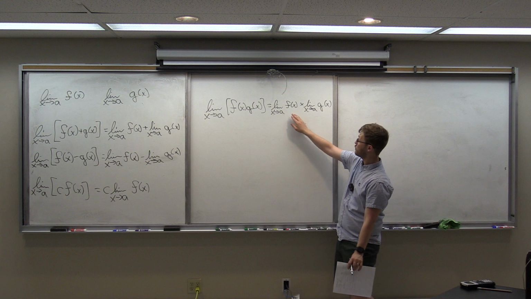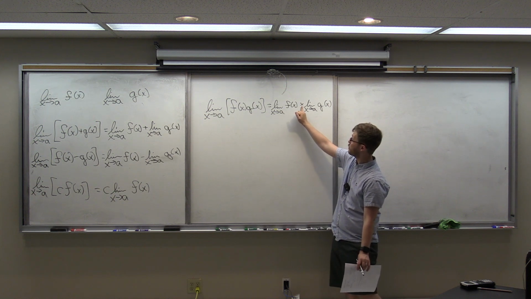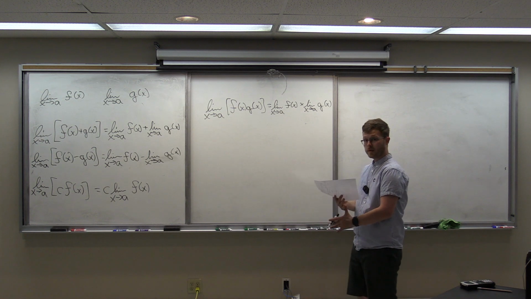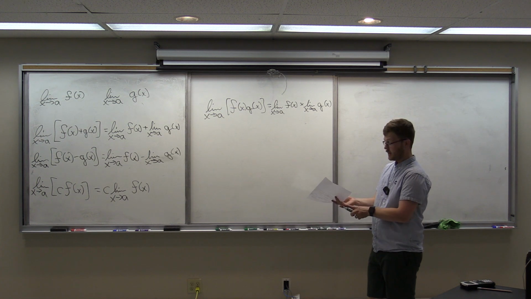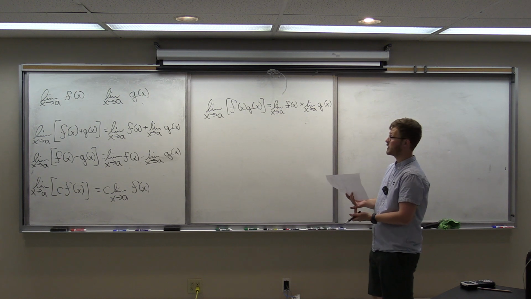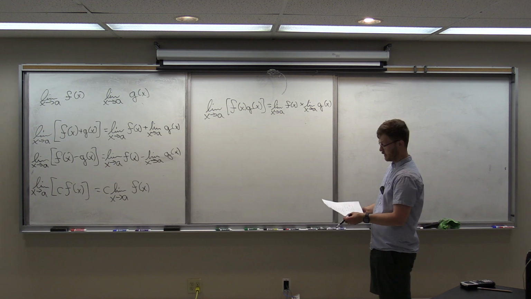This is a very neat rule that it tells us it is simply the product of the limits. So the limit of the differences is the difference of the limits. The limit of the products is the product of the limits. And the limit of the sums is the sum of the limits.